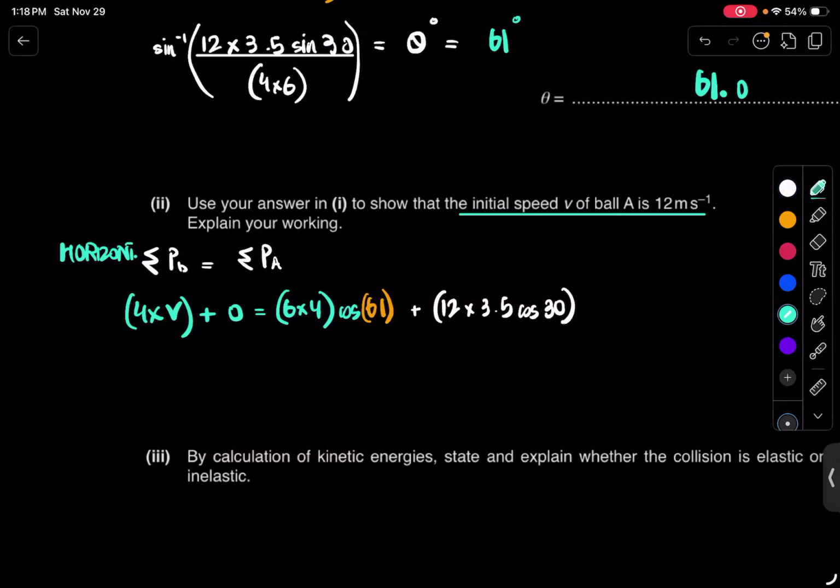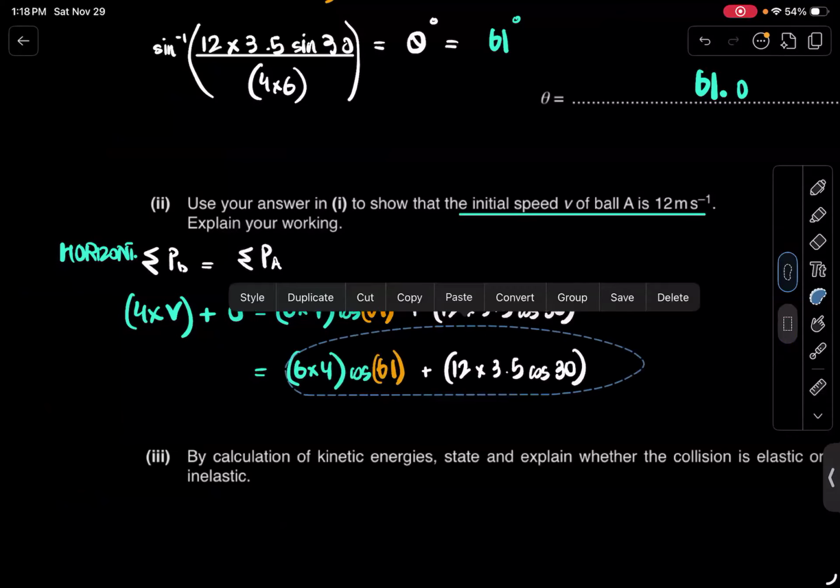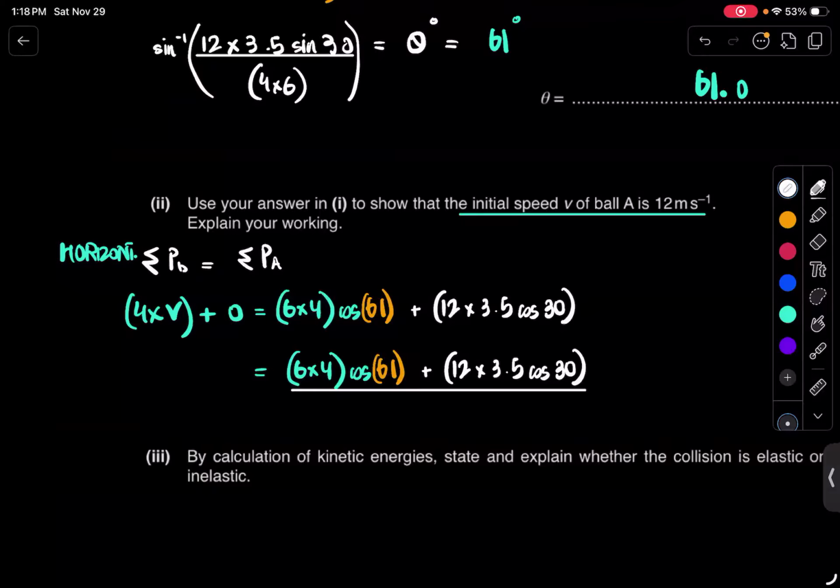Can we calculate v from this value? Yes, we can. So calculate this sum. And when you calculate this sum, you divide this entire thing by 4, sorry, by 4. And that's going to give me V. Let's calculate. Try to plug it into your calculator and check what it is. So that's going to be 6 into 4 cos 61 plus 12 into 3.5 cos 30 divided by 4.